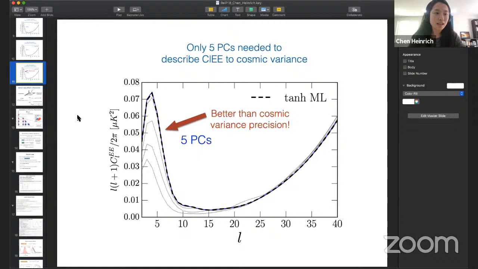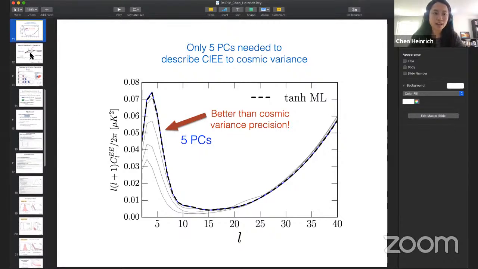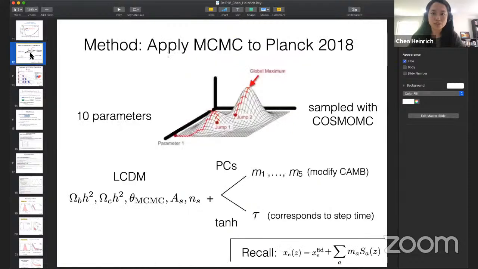Okay, so now I just want to briefly show you what this looked like in 2018 data. Let's do an MCMC. Instead of having the 5 lambda CDM parameters plus tau, which usually just corresponds to when tanh starts to step up, we're going to replace tau by M1 to M5, the 5 PC amplitudes that we use to parameterize a general xe(z).